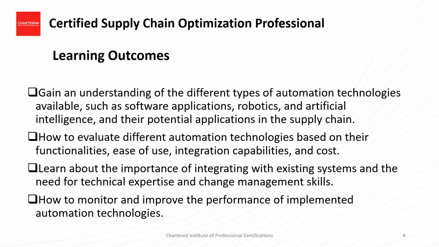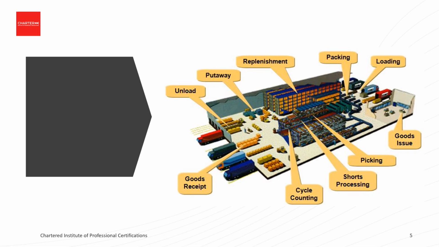We'll learn about the importance of integrating with existing systems and the need for technical expertise and change management skills. Finally, we look at how to monitor and improve the performance of implemented automation technologies.